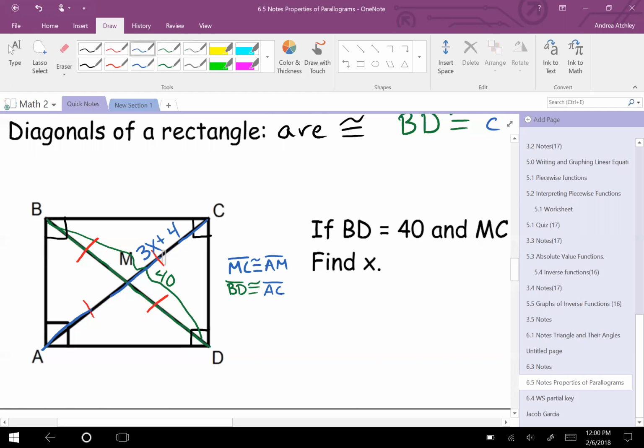But we also said that all these little pieces are congruent to each other. So how is MC related to BD? Segments, lengths of sides, are not going to have anything to do with our angle degrees of 180 or 360 degrees. Those are purely angles. Now we're dealing with segments.